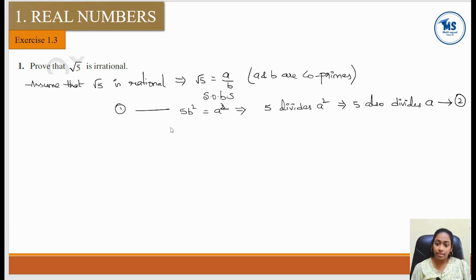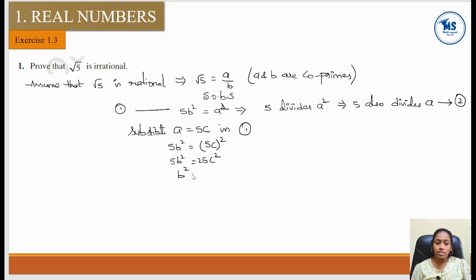Okay, then if 5 divides a, then I can take a as 5 into something, let's say c. I'll take a equal to 5c. Now I'll substitute a is equal to 5c in equation 1. Then 5b square is equal to 5c square. 5b square is equal to 25c square.